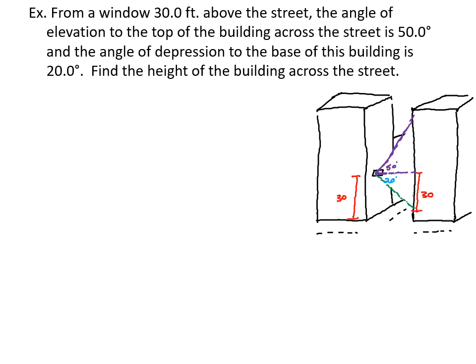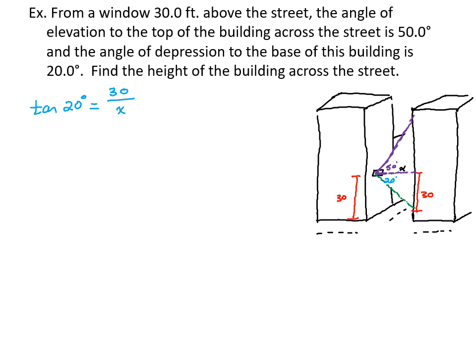I could do a trig function to say that the tangent of 20 degrees is the opposite, which is the 30, divided by the adjacent, which is, I don't know, I'm going to call that x. So I'm calling the horizontal side across the middle my x.